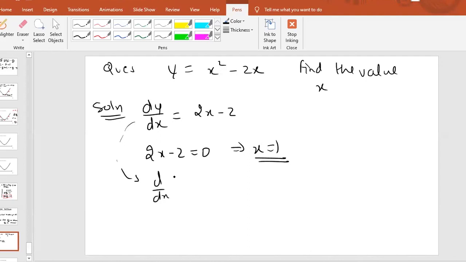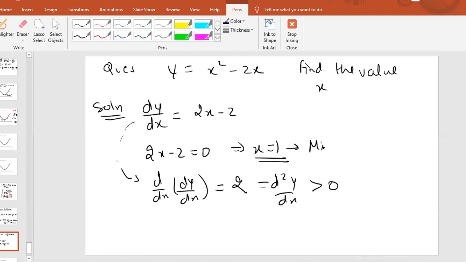So d by dx of dy by dx becomes 2. Now you see, d square y by dx square is equal to 2, which is greater than 0. If it is greater than 0, at this value of x we have the minima. So at x equal to 1, we have the minima condition. Minima means the minimum value will be there.